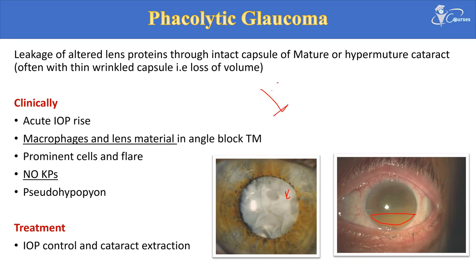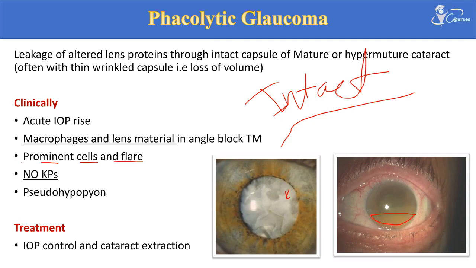Those patients have an intact capsule. For the MCQ, there is no disruption of the lens capsule. The diffusion occurs through the intact lens capsule. This lens protein will induce inflammation, causing uveitis with prominent cells and flare, but no KPs in such cases.